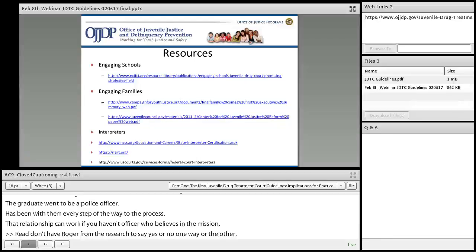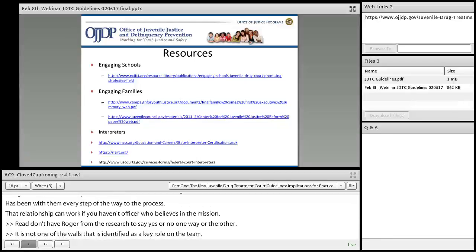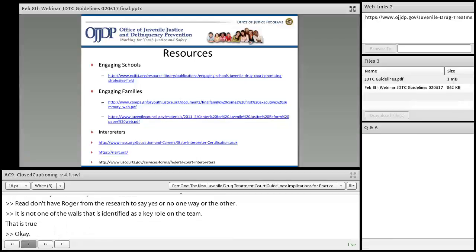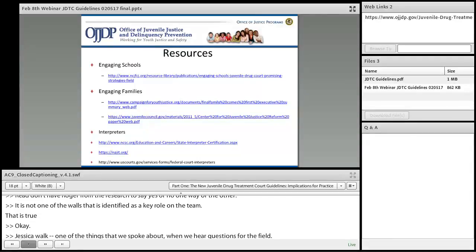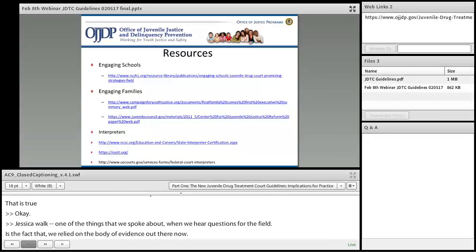All right. And then quickly, Jessica, one of the things that we talk about all the time when we hear questions from the field is the fact that, and Roger said this, we relied on the body of evidence that's out there now. All of these things that are still coming up as questions would be wondrous for local teams to partner with universities and study further, because we definitely did identify gaps in the research.